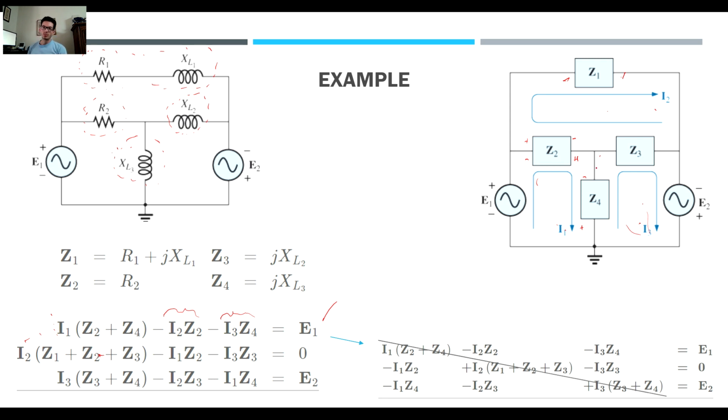Very well. After you organize all the terms, you're going to see that you have a diagonal term where the columns match Z1, Z2, Z3. So now we have 3 equations, 3 unknowns. And these will give you current 1, current 2, and current 3. Very well.